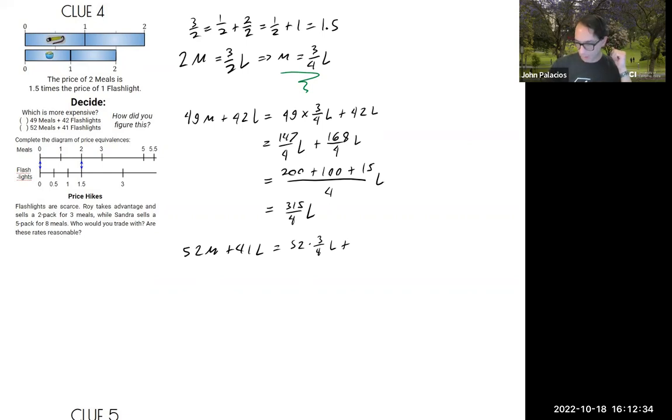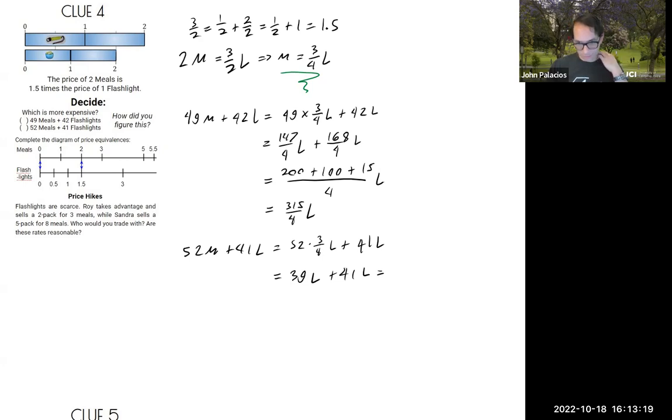And you can talk about maybe like 52 is 4 times 13 or something like that for your students to maybe see this insight and add these numbers. So we have 41L here, which is equal to 13 times 3 is 39L plus 41L, and 30 plus 40, again, let's do tens addition and then ones addition. 40 plus 30 is 70, plus 1 plus 9 is 10, so that's 80L.